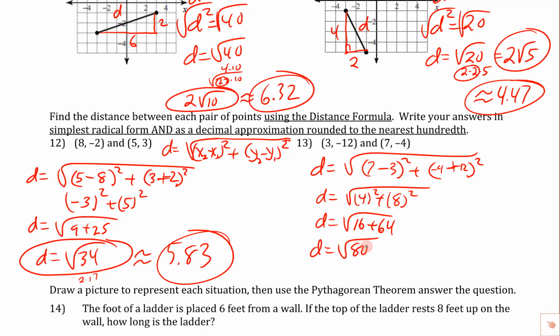Now let's go ahead and simplify here. Let's see what we get. This would be, let's say, 4 times 20. So this would be 2 times 2. And this would be 2 times 10, which is 2 times 5. So wow, look at all these 2's. We've got 4 2's, which means, so let me go ahead and write it this way. 2 times 2 times 2 times 2 times 5.